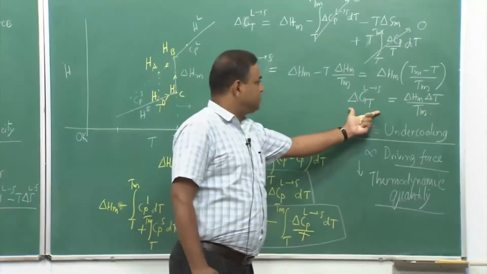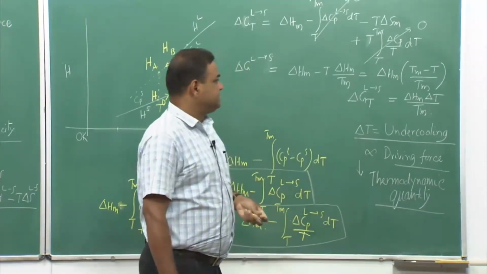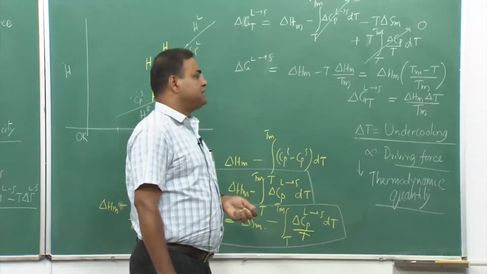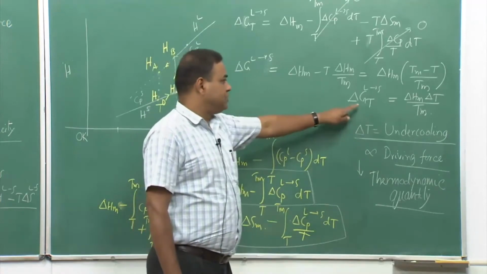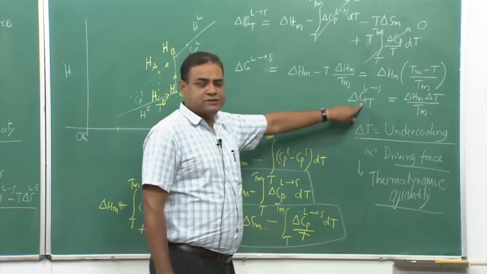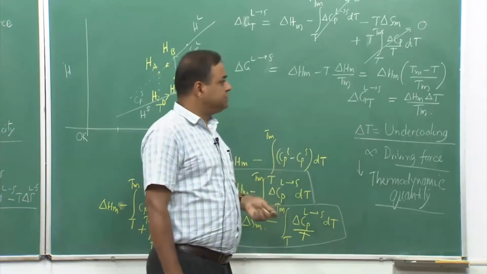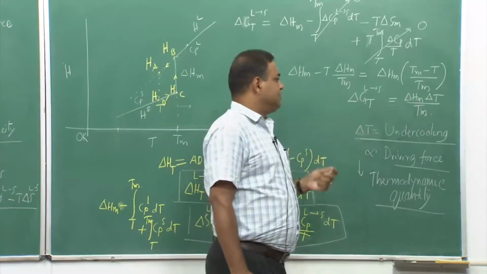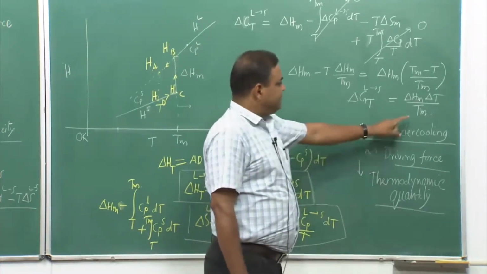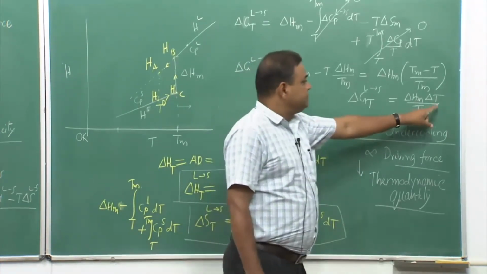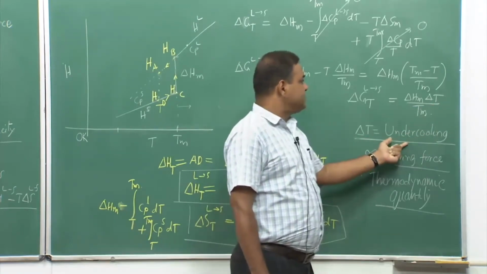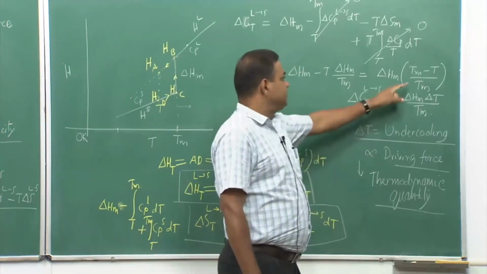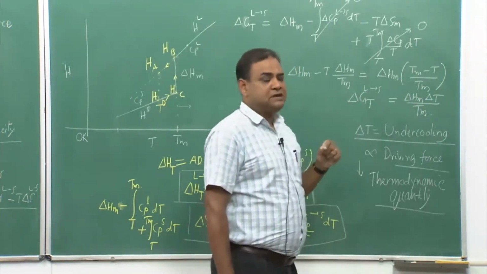to this particular expression, which is del G T, at any temperature below the melting temperature. If I try to find the driving force, which is del G liquid to solid, I can express it in terms of the enthalpy of melting, the melting temperature, and del T, which is the undercooling, nothing but the temperature at which we find del G subtracted from the melting temperature.